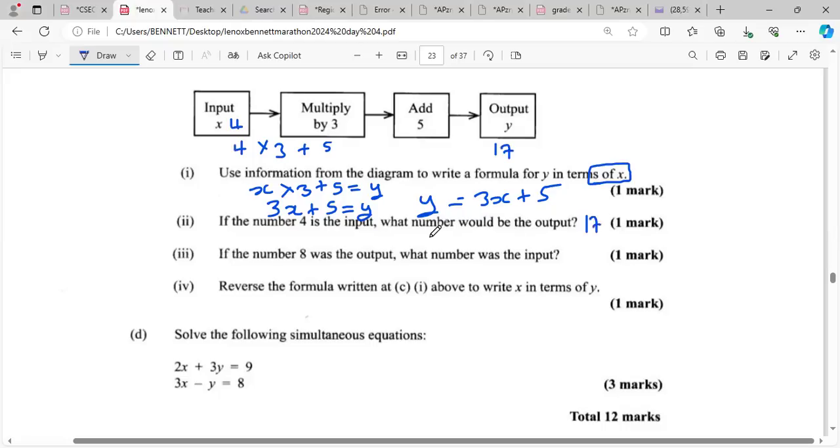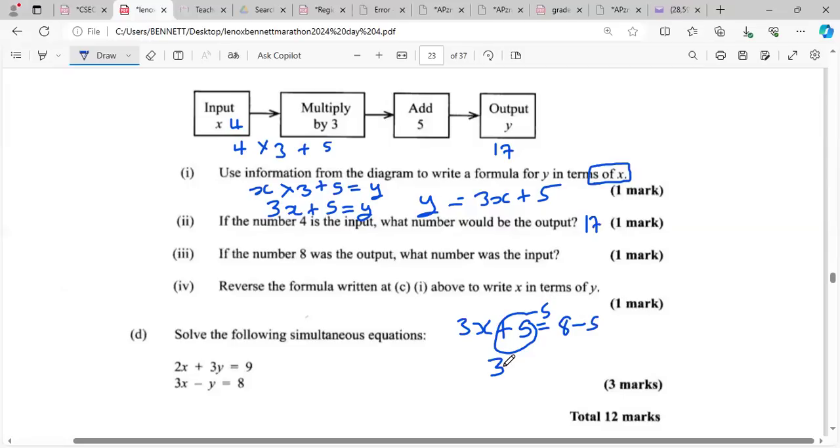Now, if the number 8 was the output, what was the input? So you're literally just going to solve the equation. But this time, instead of putting y, we're going to equate it to 8. And of course, we solve the linear equation, so minus 5, minus 5.